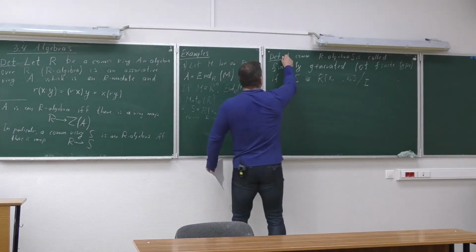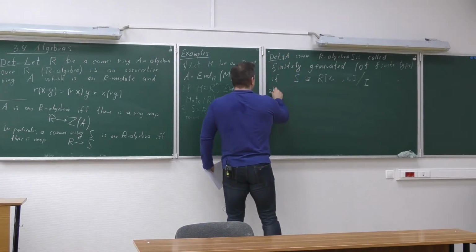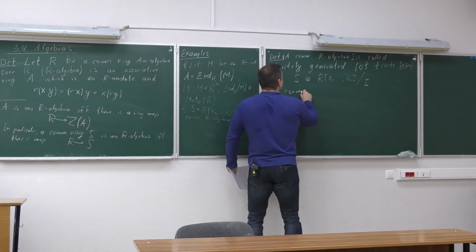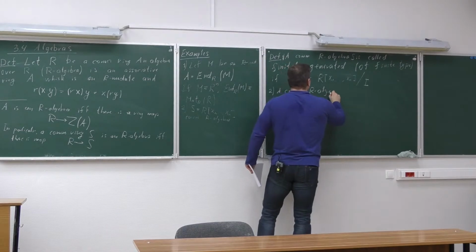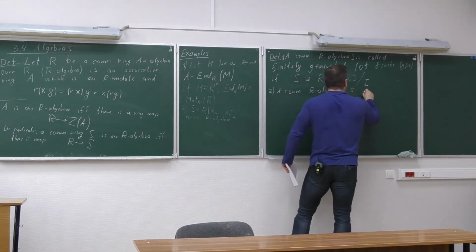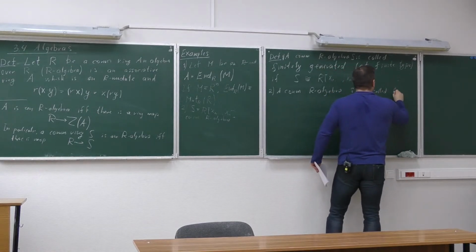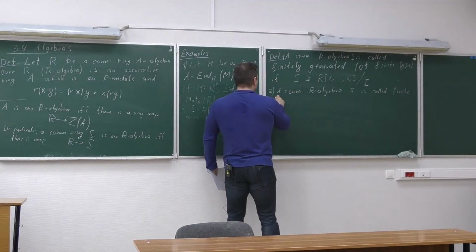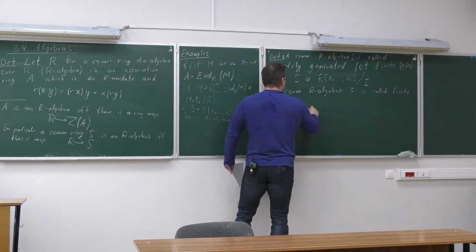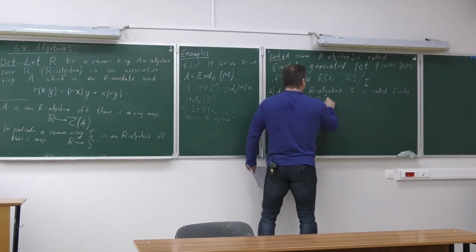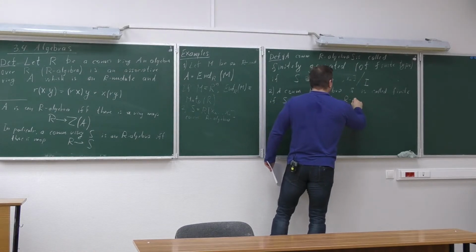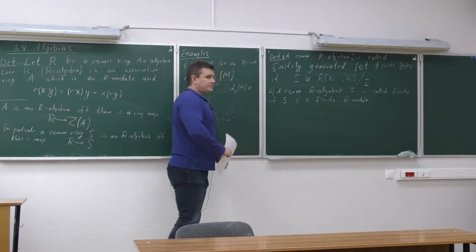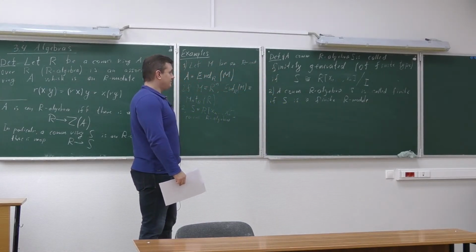Maybe you can compare this definition with the second definition. A commutative R algebra S is called finite if S is a finite R module. So finite and finitely generated are different things.